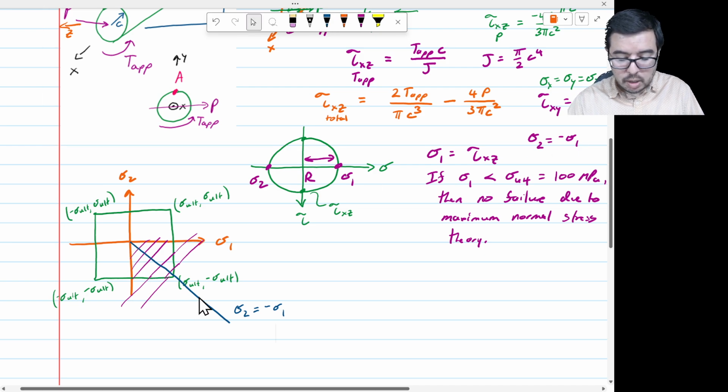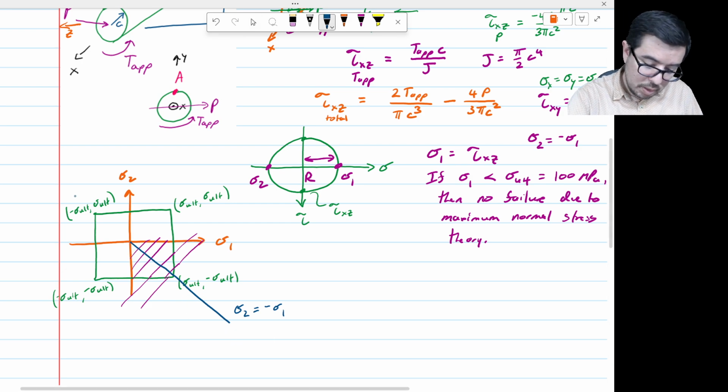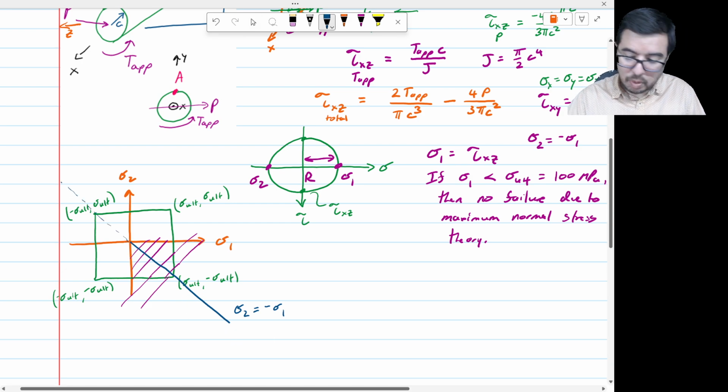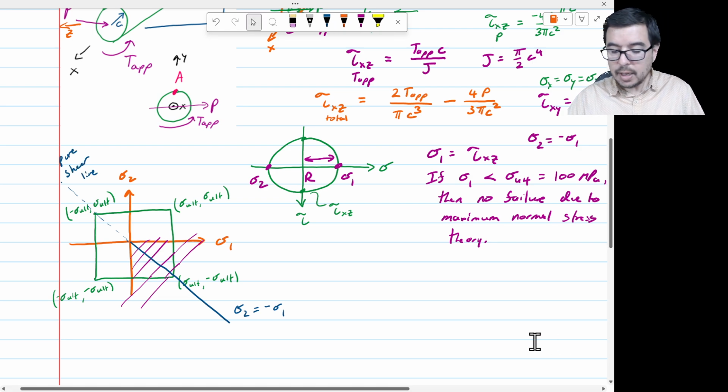This line is called the pure shear line, because in pure shear, sigma 2 is equal to minus sigma 1, and vice versa. So what you're going to be looking at is, you're on this line, and are you inside the box? If you're inside the box, then you won't have failure.